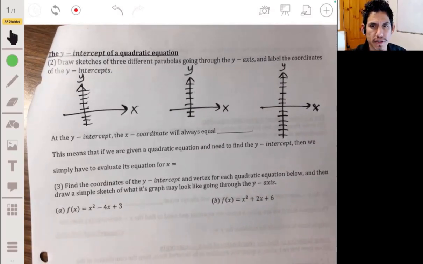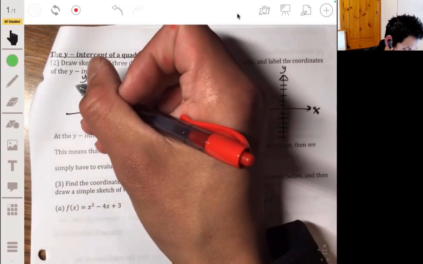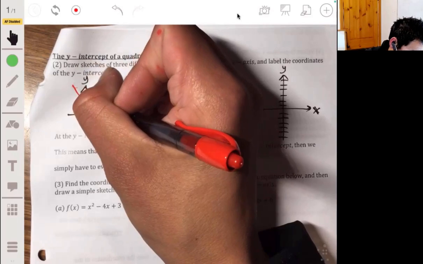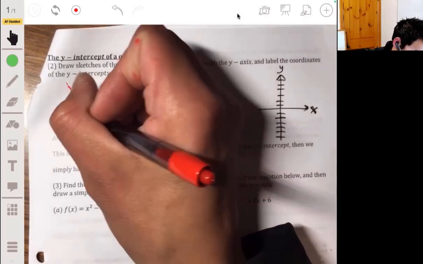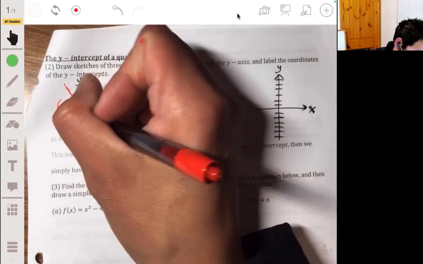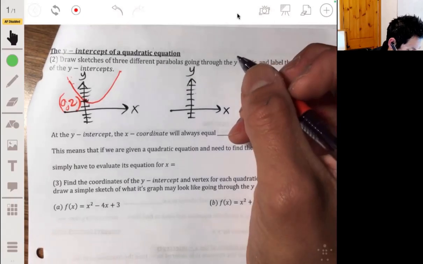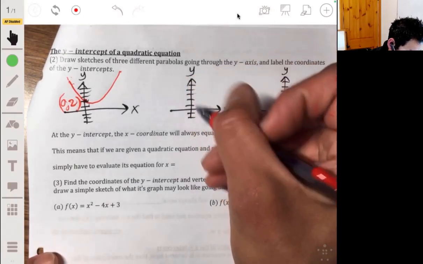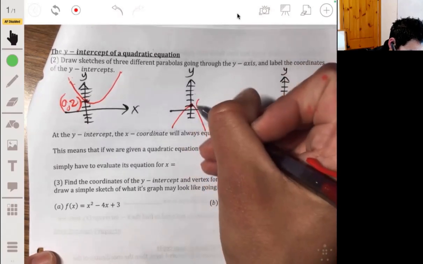Let me adjust this. Okay, so let's draw a parabola going through this point here, 2. And let's make it look like that. And so the y-intercept is at (0, 2), assuming we're going by ones. All right, so what's the big deal? Well, hold on. Let's do another one where we have the parabola going like this, through (0, 1).